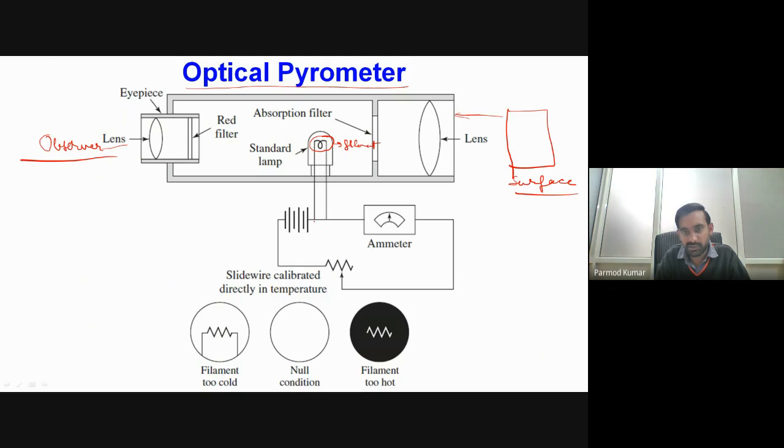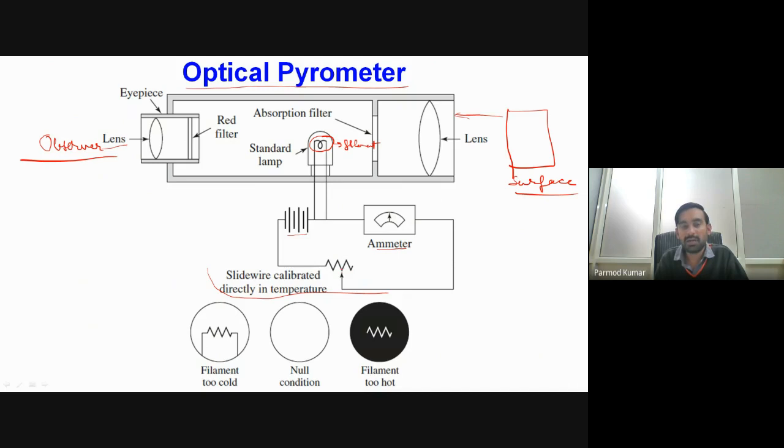This filament is connected to an electronic circuit with voltage measurement. We have a battery, then an emitter, where we measure the amount of current we are supplying through this circuit, and then one variable resistance. We have a rheostat over here, so we can vary this resistance.